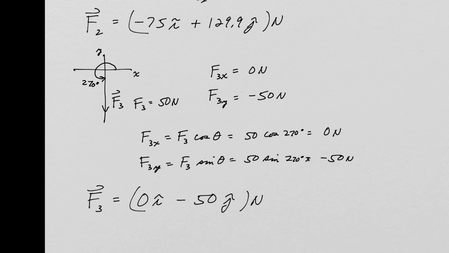Good, I'm almost there. So now I can actually add these vectors together. Remember, F net is what I'm after, and that's simply going to be F1 plus F2 plus F3.